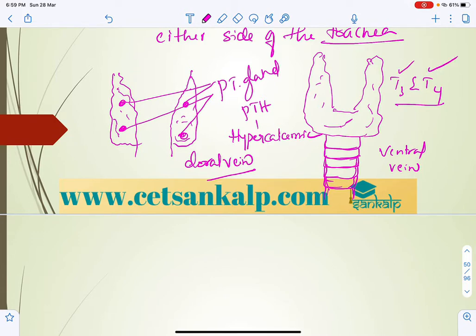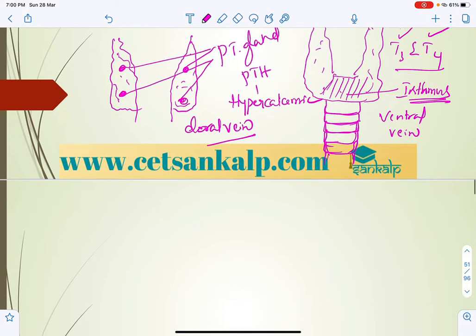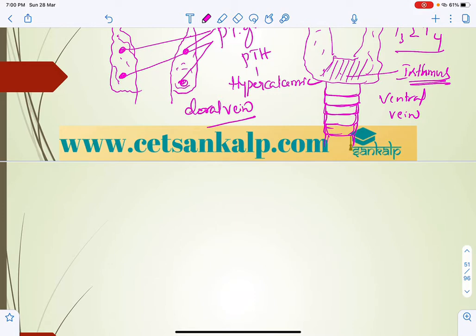Each lobe is attached with the help of a flap of connective tissue called the isthmus. This is also one CET or NEET question we can expect.